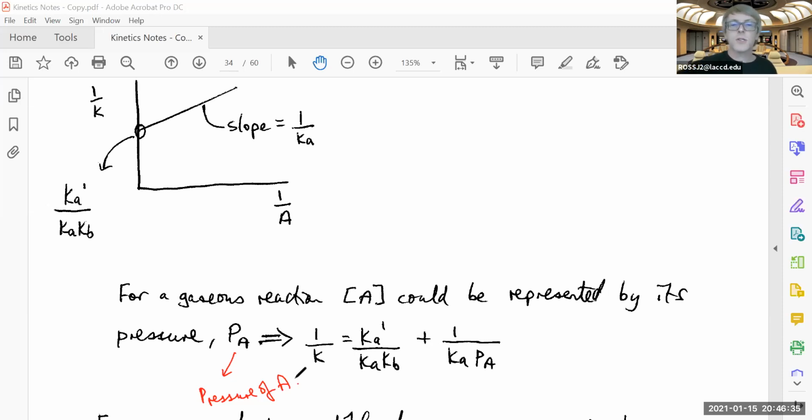So instead of the concentration of A, we can just replace it with the pressure of A down here if it's a gas. That's reasonable because of the proportionality.